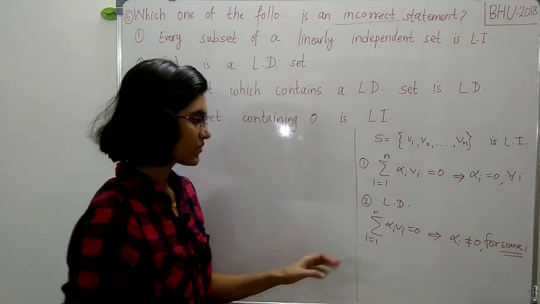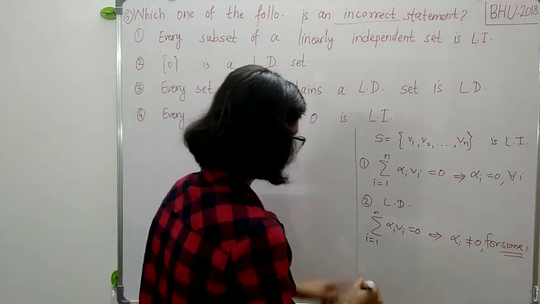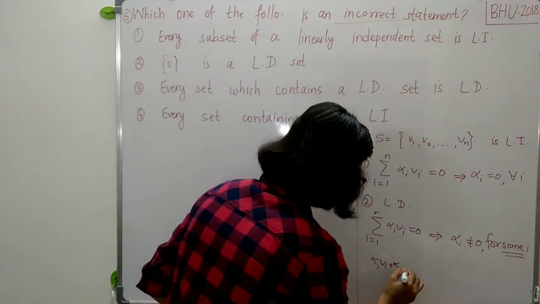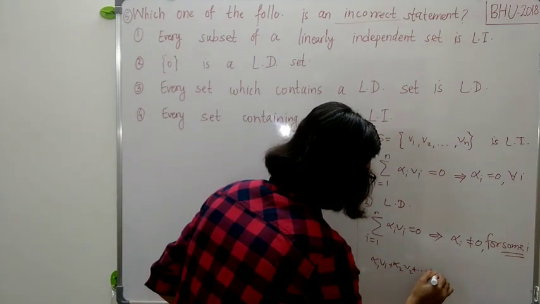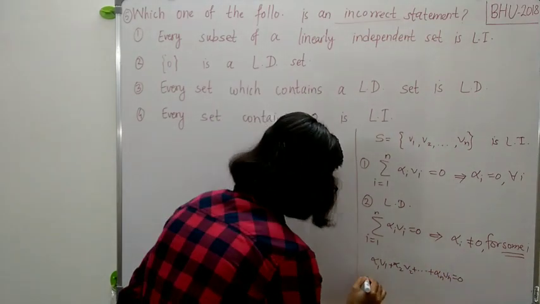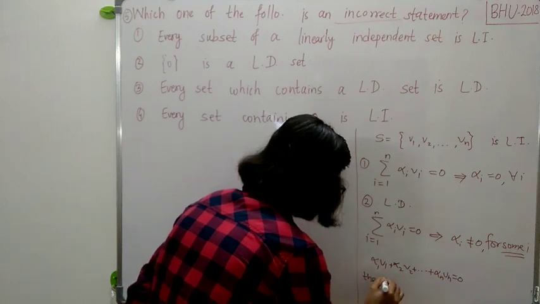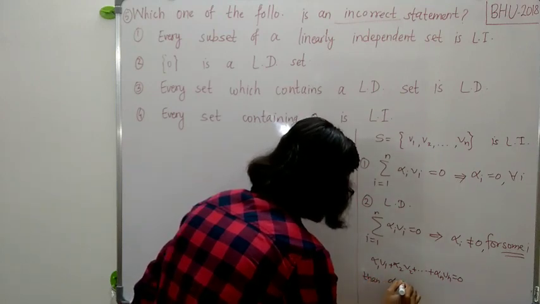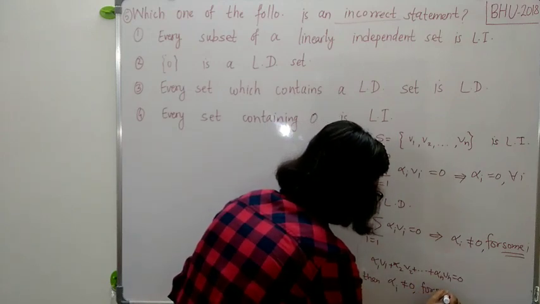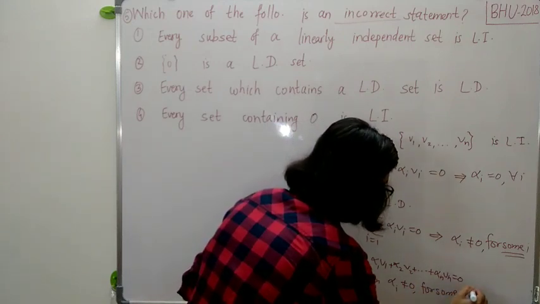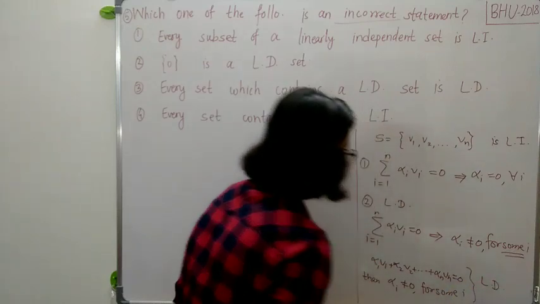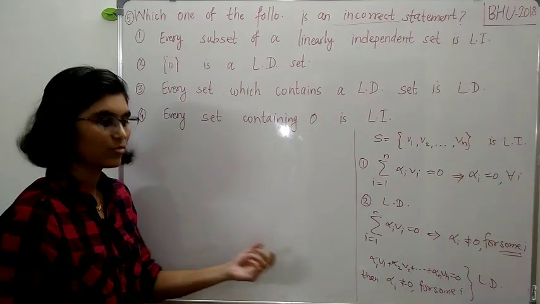So this statement says that alpha 1 v1 plus alpha 2 v2 plus up to alpha n vn is equal to 0, and if there is some scalar alpha i not 0 for some i, then in this case we say that this set S is a linearly dependent set.